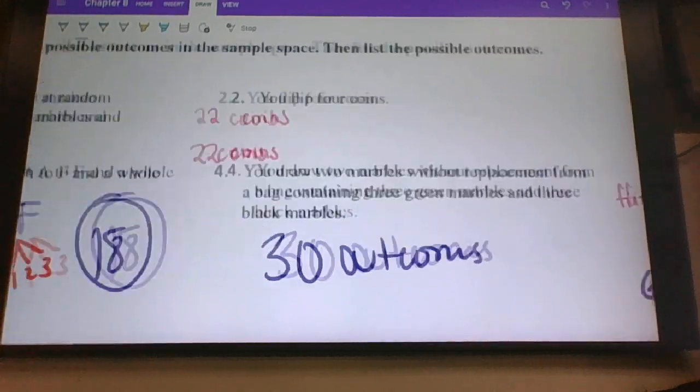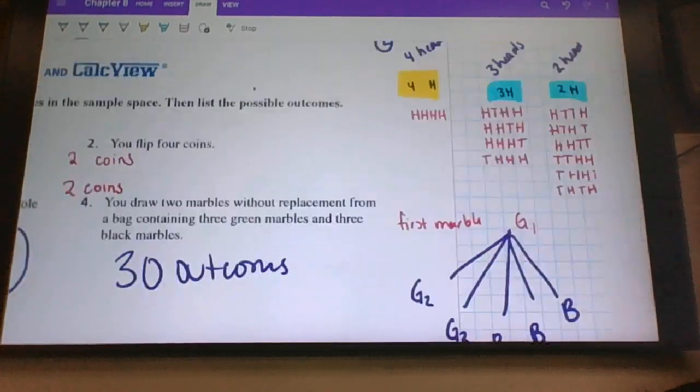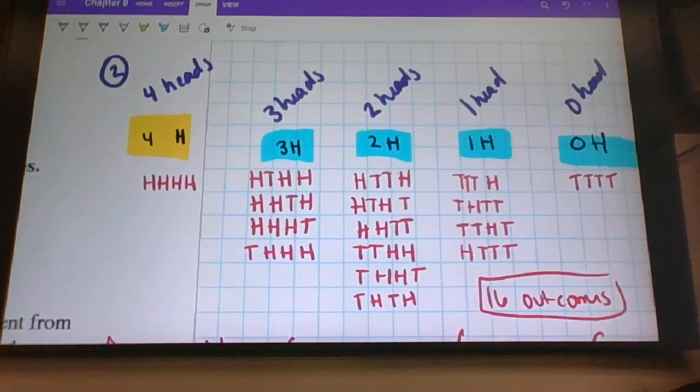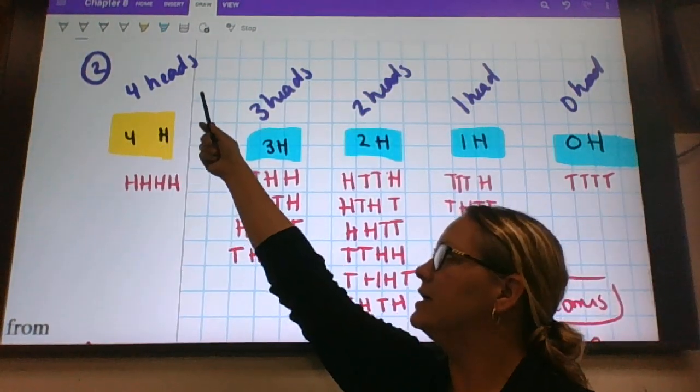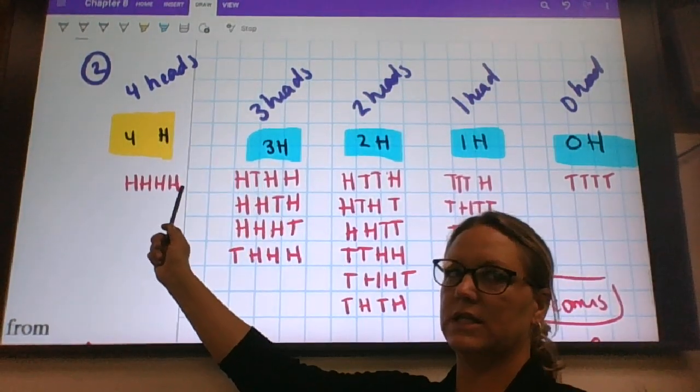All right, now flipping 4 coins. I think we left off yesterday saying maybe making the list is the best bet for flipping 4 coins. This is a nice way to organize it. In order to get 4 heads from 4 coins, it would look like this.